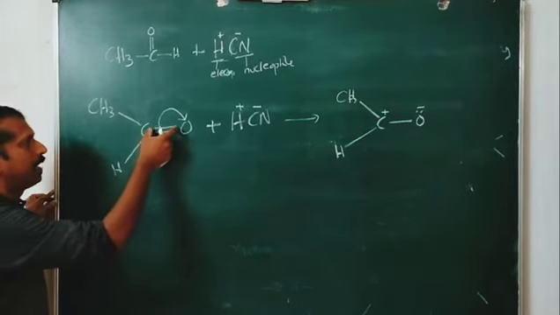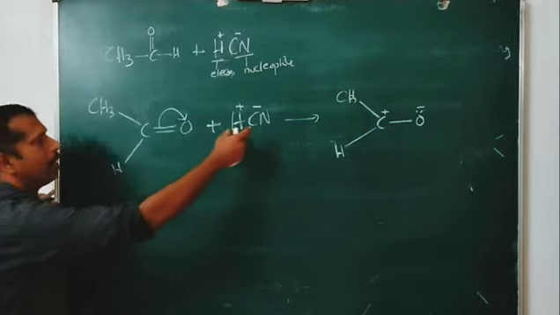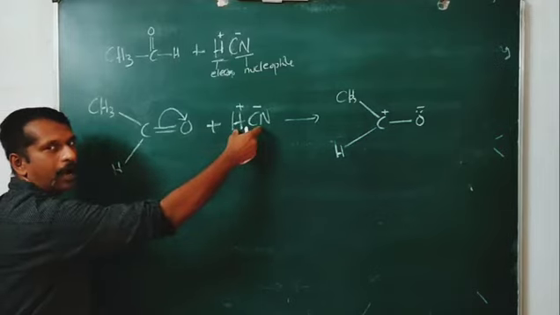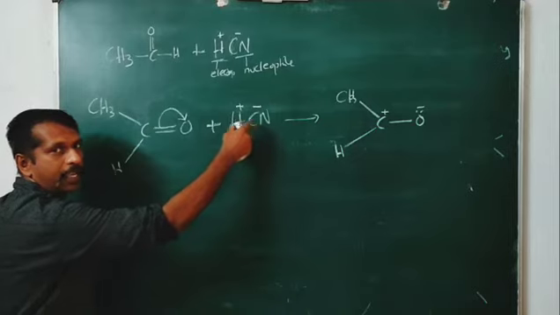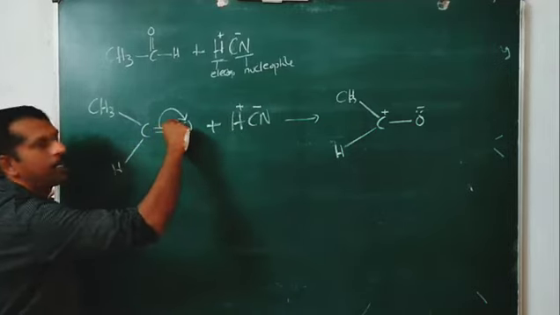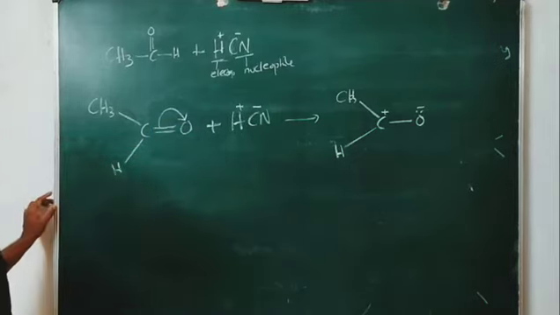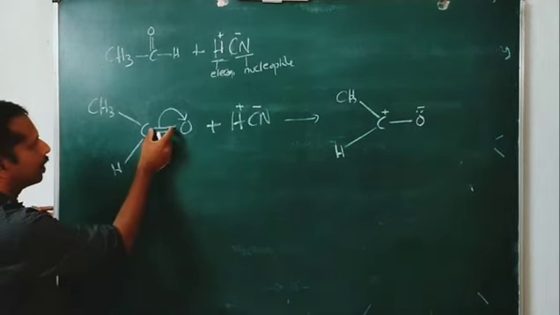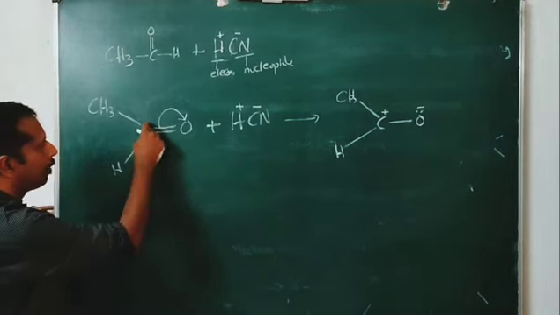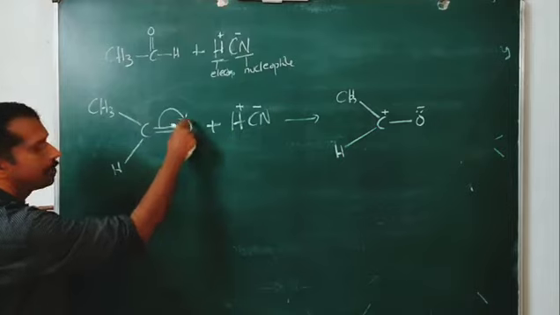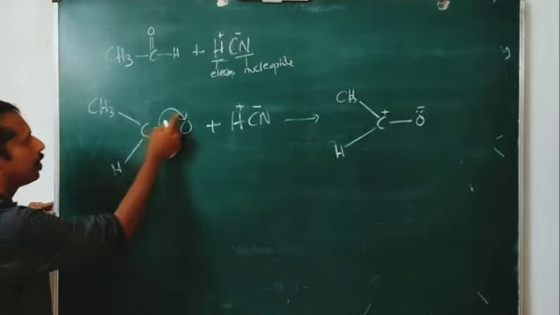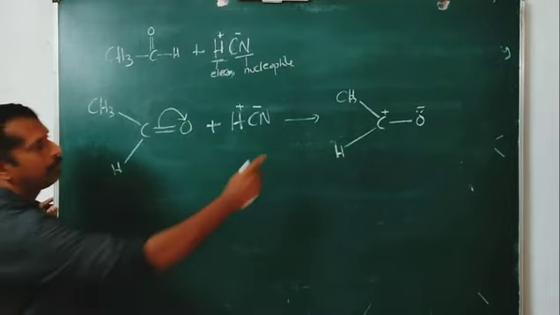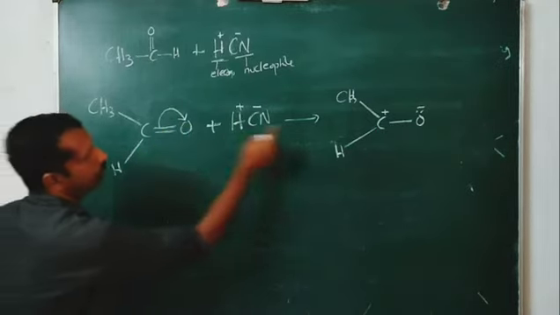When a polar reagent approaches a double bonded group, what will happen? If one atom of the double bonded group is more electronegative, the pi electron pair will be shifted to the more electronegative atom, so the pi electron pair will be shifted to oxygen.